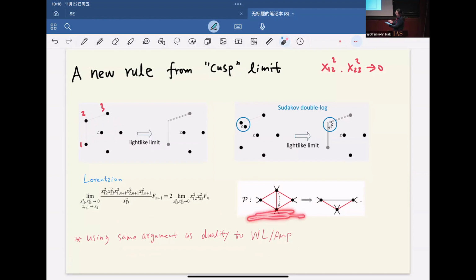So basically, I forget about all the physics behind it, but the rule is just saying for every F graph that contains a double triangle, you pinch the double triangle, so this diamond with a diagonal, you pinch these two points, and then add another line here, you reach a cusp, right? So every graph that can reduce to a cusp has to be related to the cusp diagram. This is the relation between them.